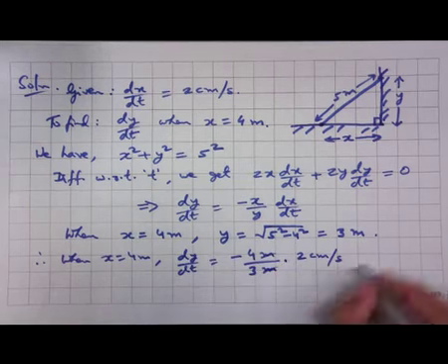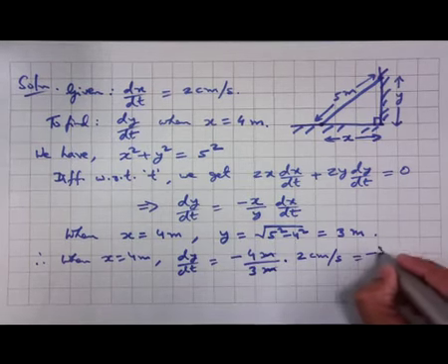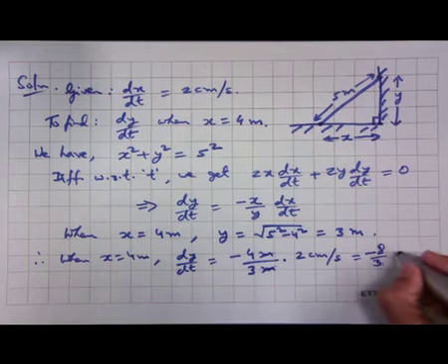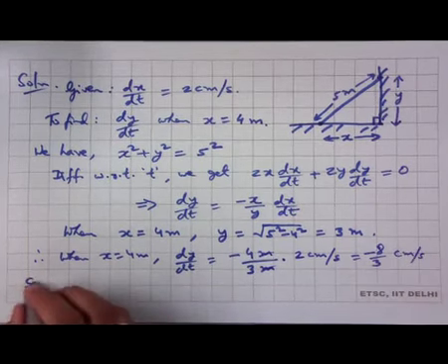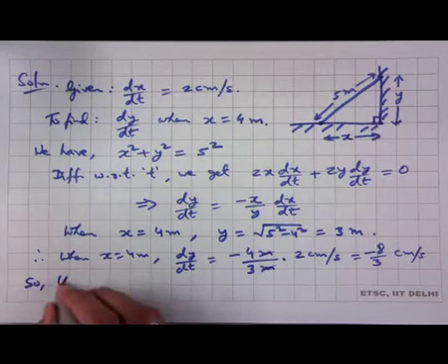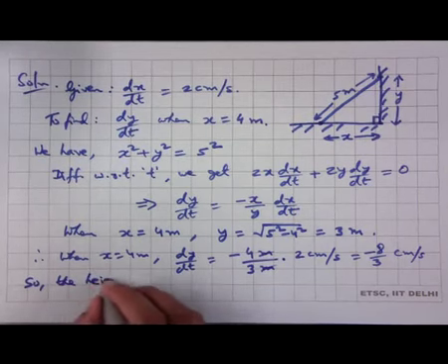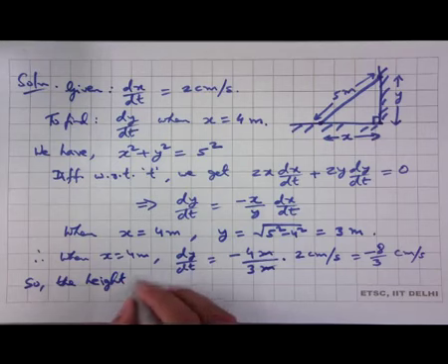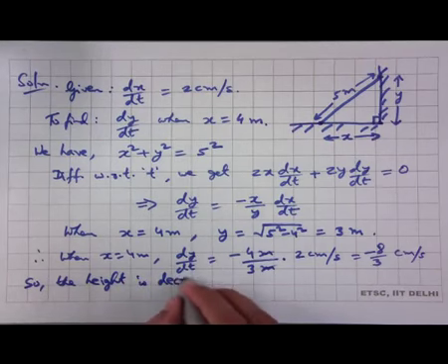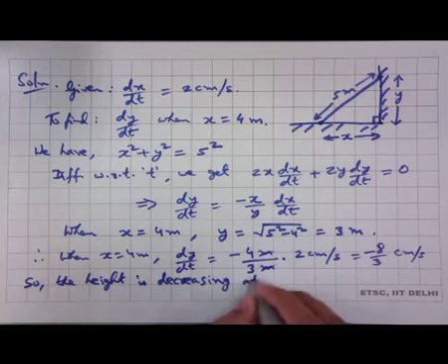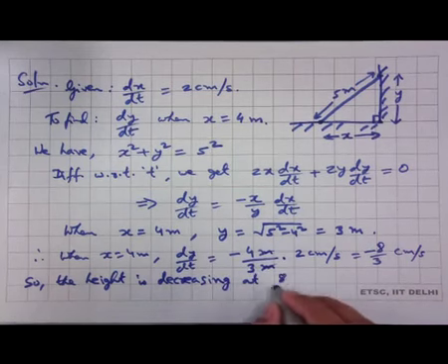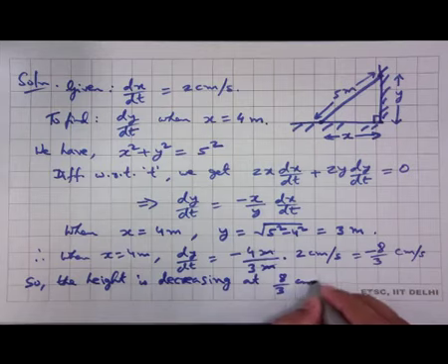So, we get this is equal to minus 8 by 3 centimeter per second. So, the height is decreasing at the rate of 8 by 3 centimeter per second.